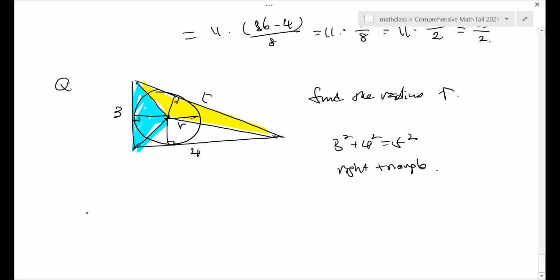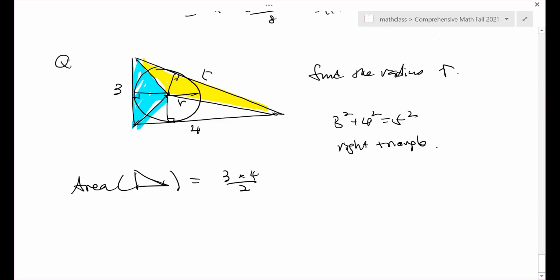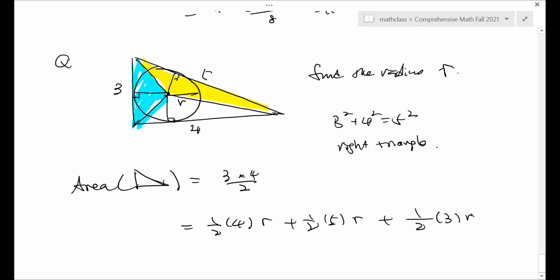The area of the larger triangle is 3 times 4 divided by 2. Now, this should be the area of the 3 triangles. The first one is 4 times r, r is the height, then 5 times r divided by 2, then 3 times r divided by 2.